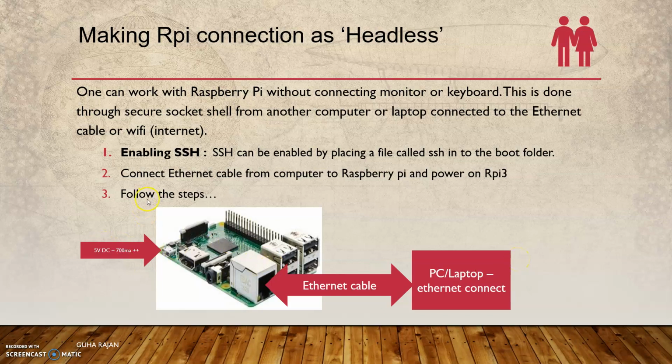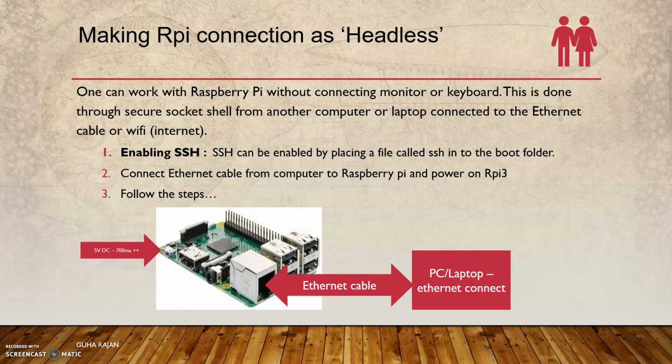This is common. And again, let me reiterate, if you're using the manual process, you need to place a dummy file with the name SSH. For connecting through the Ethernet cable, we'll see those steps, but do remember this difference between the manual one and the Raspberry tool.